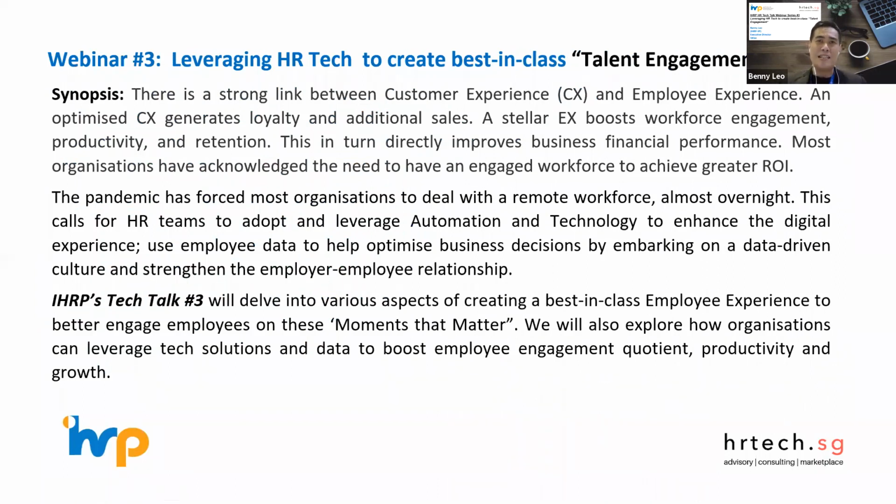Okay, so the synopsis for today is that we are going to see a strong link between customer experience and employee experience. In fact, a lot of things that we do in HR are closely linked to customer service. We always talk about internal customer, internal client. The whole idea is that this pandemic has pushed all of us to rethink how we are going to deliver customer service, which is actually another word for talent engagement, or rather, engaging your customer. So what are we going to do?